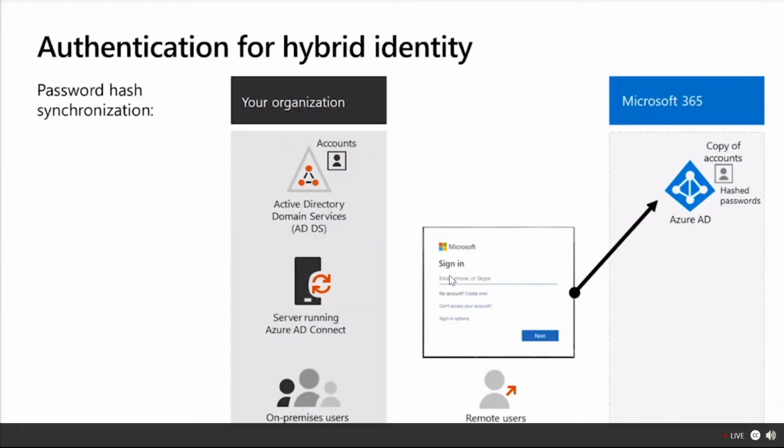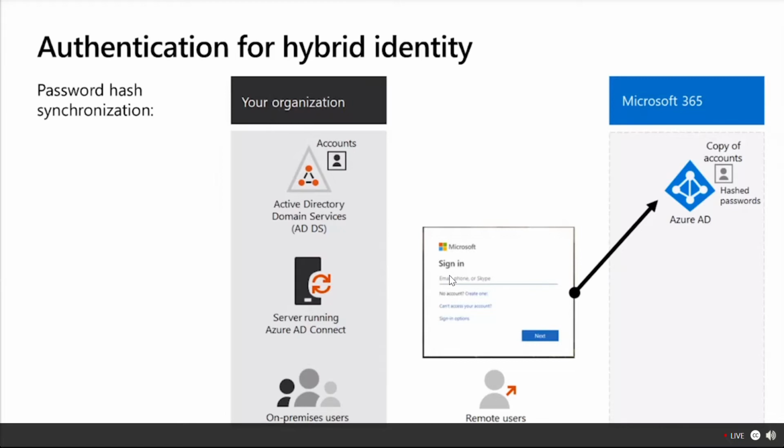When using the hybrid identity model, there are two types of authentication. There's managed authentication, where Azure AD is handling the authentication process by using a locally stored hashed version of the password. And then we have federated authentication, where Azure AD is redirecting the client computer requesting authentication to another identity provider.